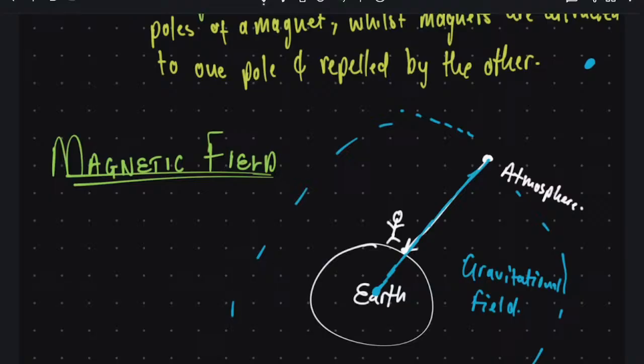So we want to try and understand the field, which means the area around the magnet where it has power. We know that it works. It's a non-contact thing. We don't need this individual to be in contact with the earth. No. They can be in the atmosphere, but they will be pulled by the earth because they are in the field of the earth. That's how field forces work.